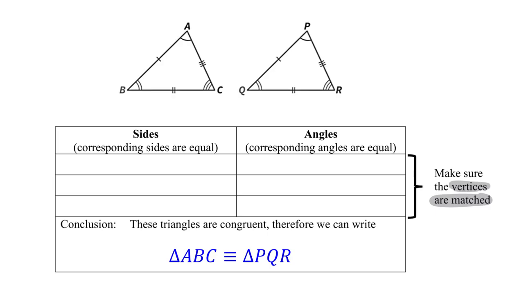So from here, this is what I will do. I will actually color code the corresponding vertices. B and Q, C and R. Now, this allows me to do certain things.